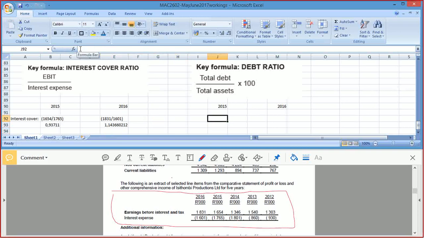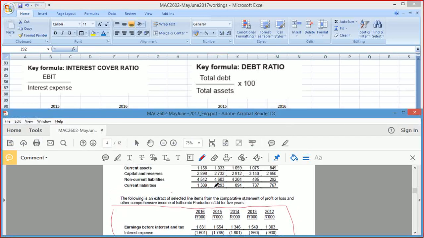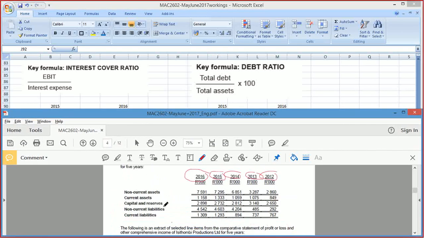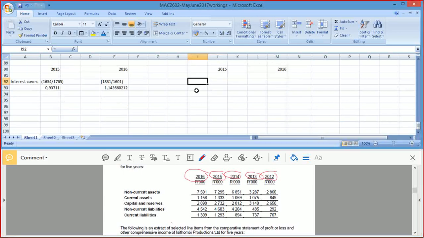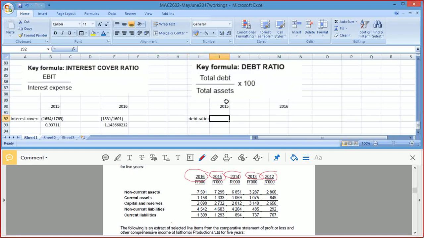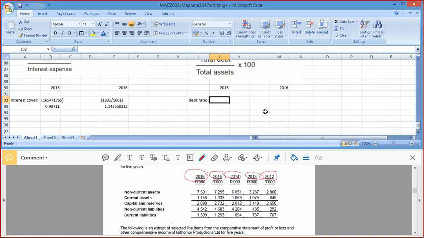Okay, then they want the debt ratio, total debt over total assets. Did they give me totals here? They didn't give me totals, so I need to add up. Okay, so debt ratio in 2015, I want my total debt over my total assets.